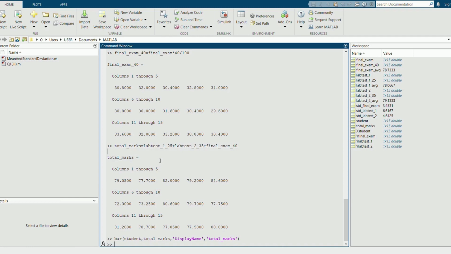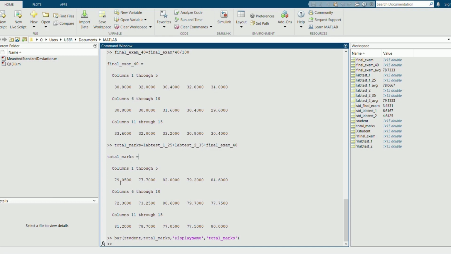I have already multiplied lab test 1 by 25%, lab test 2 by 35%, and the final exam by 40%. There is the result I get.